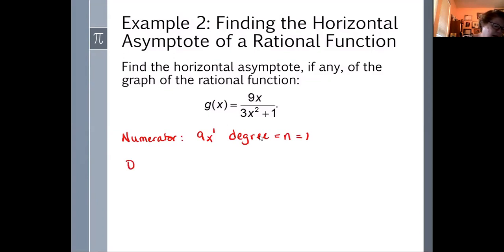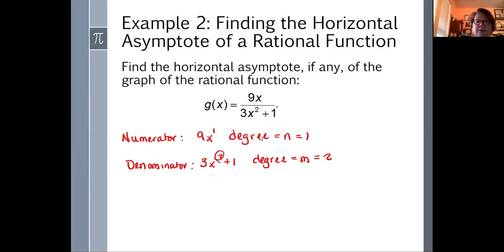Now let's look at our denominator. Our denominator is 3x squared plus 1. The degree of our denominator, which we call m, is 2 because that largest exponent there is the number 2.